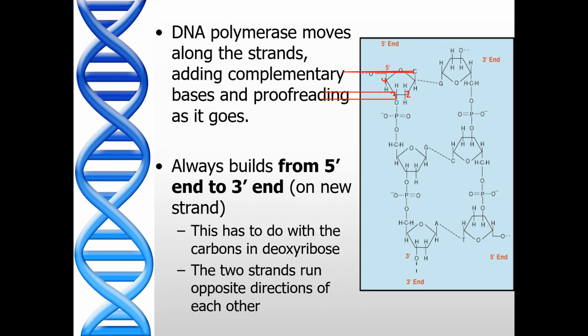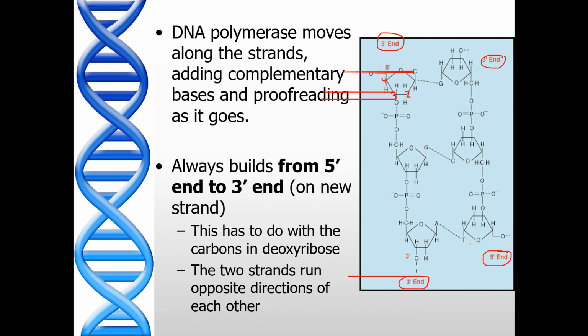So when we talk about 3 to 5 and 5 to 3, okay, what I need you to see is that when those sugars, the pentagons, are pointed up, my 5 carbon is on top and my 3 carbon is on bottom. Okay, so this is 5 to 3. Now remember that the strands are anti-parallel, okay? So over here, notice the pentagons are pointed down, and so my 3' is up and my 5' is down.